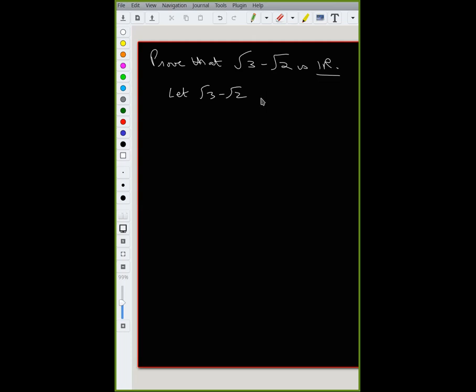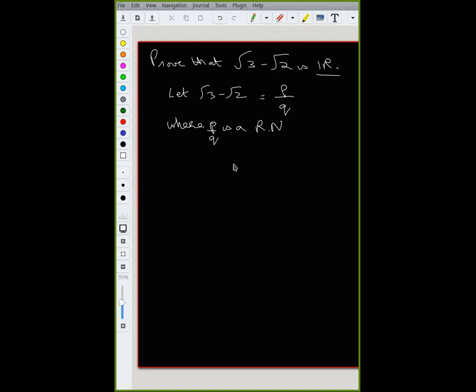Sir, I've just written upon 1. But upon 1, how will it help? That means it's a rational number, right? No, this is not the way you do it. Remember, we said let this equal to P by Q, where P by Q is a rational number. Do you remember we did this?